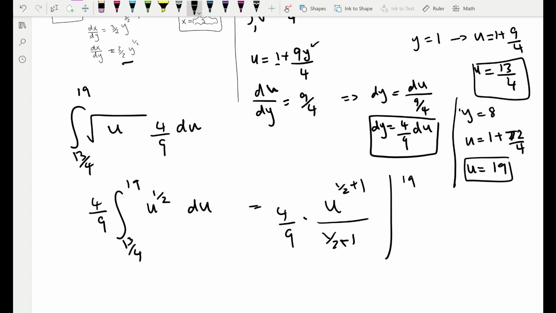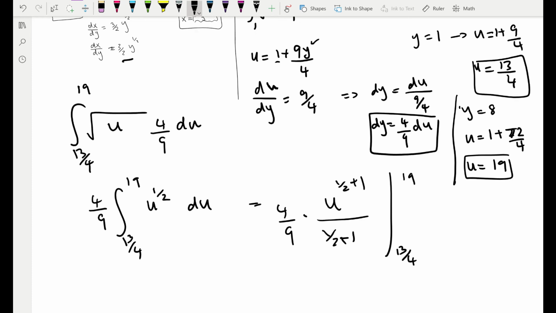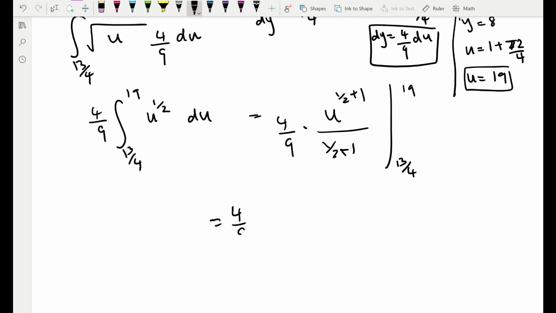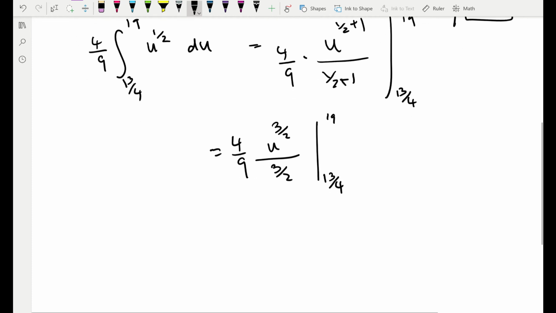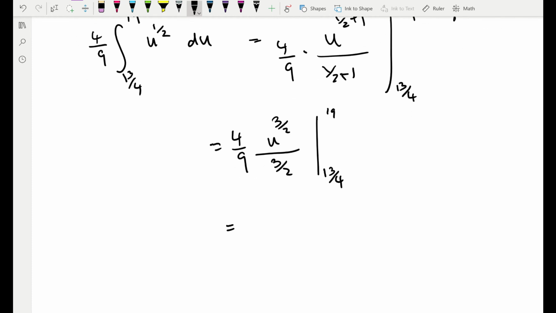Evaluate it at 19 and 13 over 4 and subtract. So this is 4 over 9, u to the power of half plus 1, which is 3 over 2, divided by 3 over 2, evaluated at 19 and 13 over 4. Dividing by 3 over 2 is the same as multiplying by 2 over 3, so it's 8 over 27.